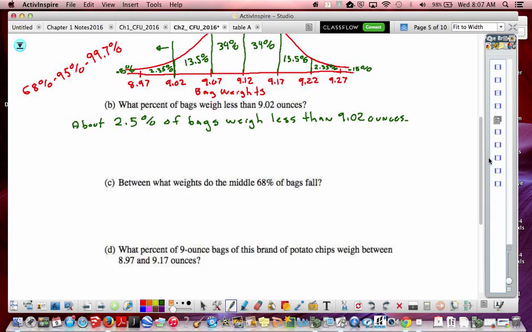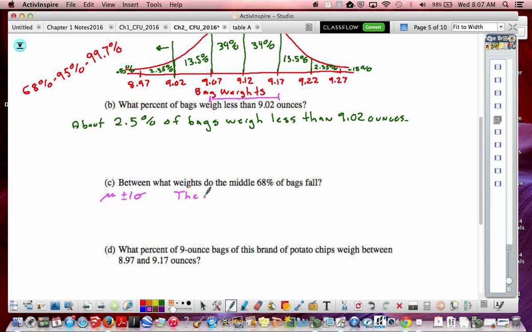And yes, you'll see me answering all of these with a sentence. All right, B, between what weights do the middle 68% fall? So that's again 1 standard deviation. So we're talking about the mean plus or minus 1 standard deviation. So in our case, 9.07 to 9.17.